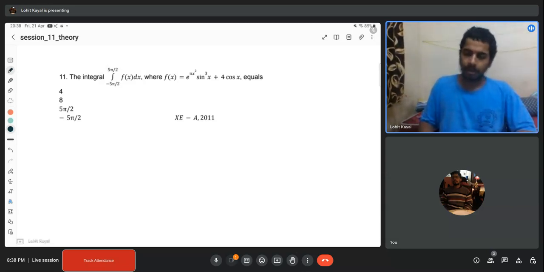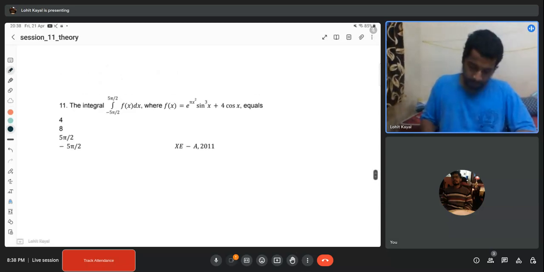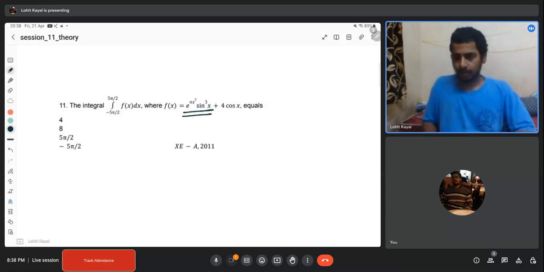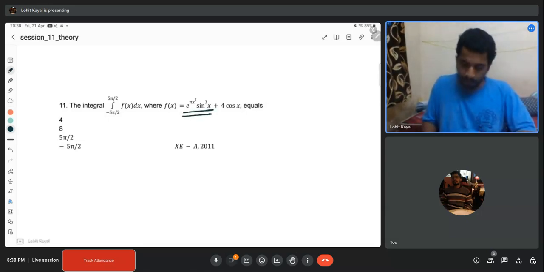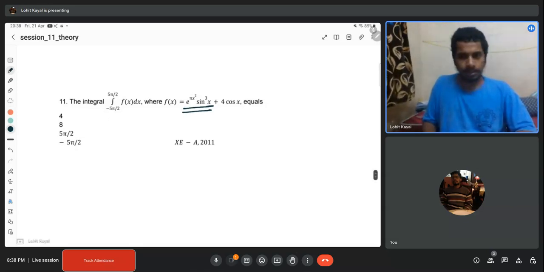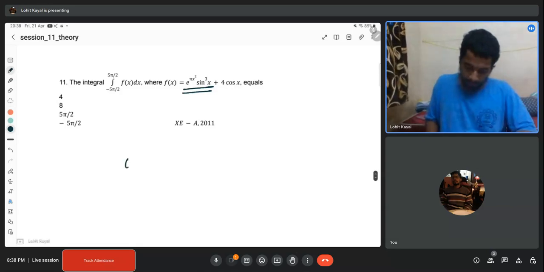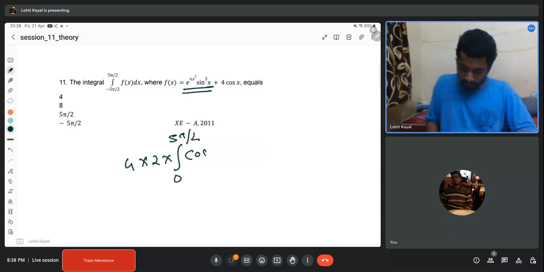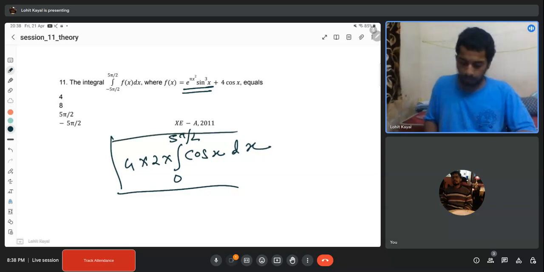But I wanted to show you in Matlab as well. This function is an odd function, and you can see from the limits that this part will cancel out. So I will be just left with 4 times 2 into the integral from 0 to 5 pi by 2 of cos x dx, and you can find the answer very easily.